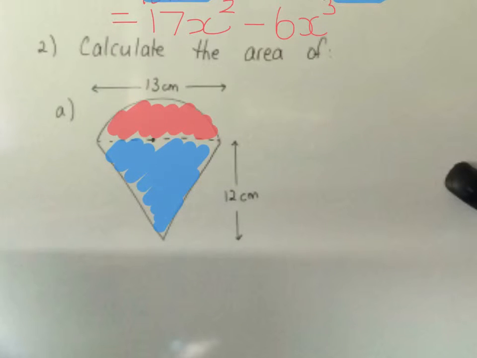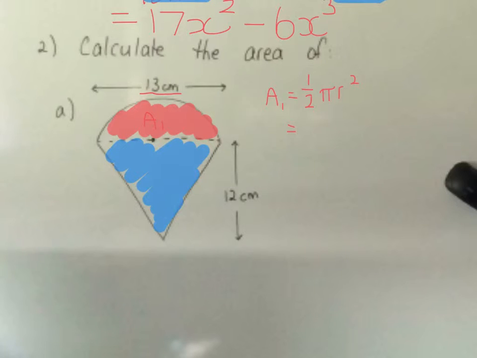If we consider the semicircle first and we call it area 1, we know that the area of a regular circle is given by the formula pi times the radius squared, where in our case the radius would be half of the 13 shown, with the 13 being the diameter. But we only have half of the circle here, which means we need to halve our area formula.